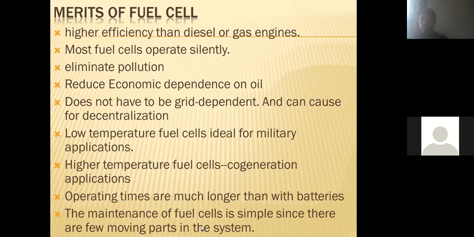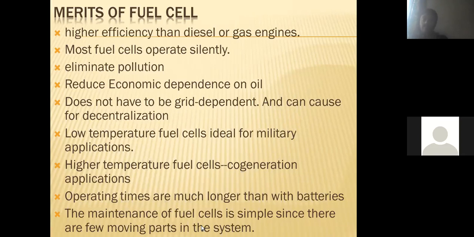So if you are observing carefully, when I'm comparing the fuel cells with the batteries, with the fuel cells, the hydrogen content each and every time is going to liberate the amount of energy here. As the energy is liberated, this is going to work for a longer time when we compare with the batteries.